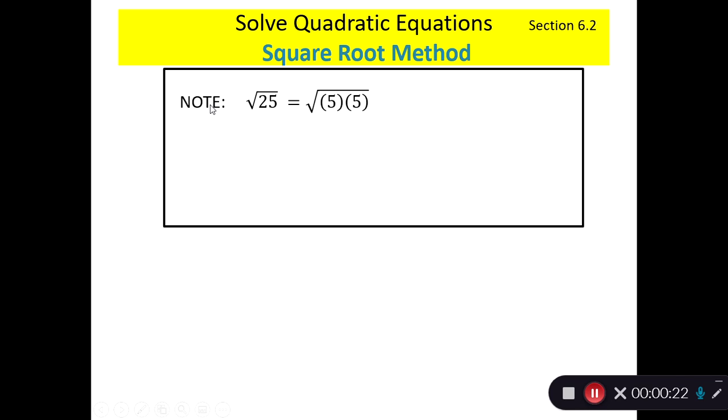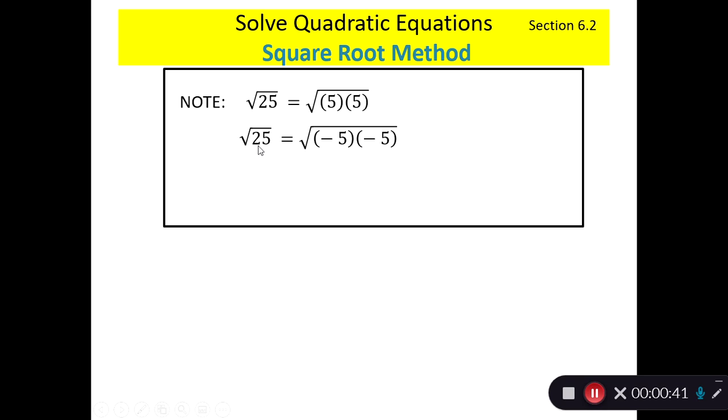Just a note for review, when we take the square root of 25, we know that under the radical symbol it's 5 times 5, both positive. In this chapter 6, we are going to also discuss how negative 5 times negative 5 will also give us the positive 25.